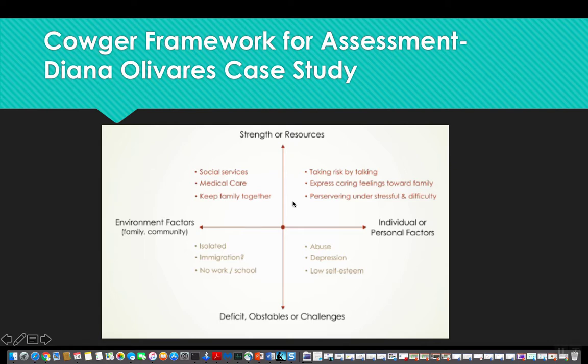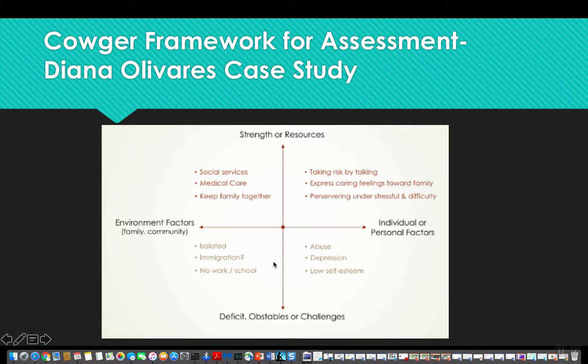So, in this case, in quadrant one, we see the environmental, family, and community strengths or resources that Diana has. She does have access to social resources and to medical care. So those are positive resources that would help her in the situation.